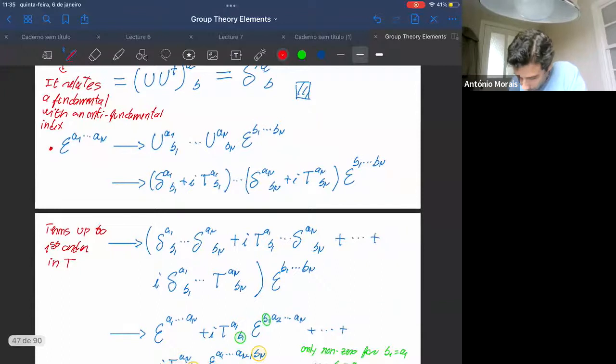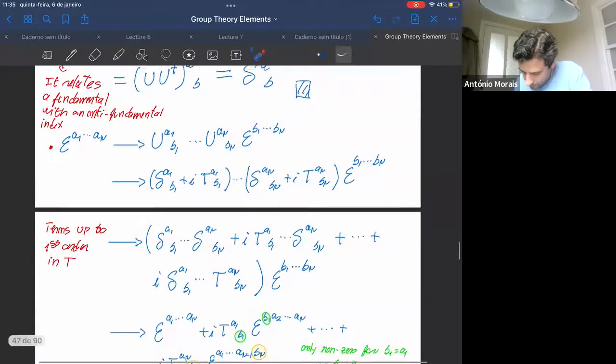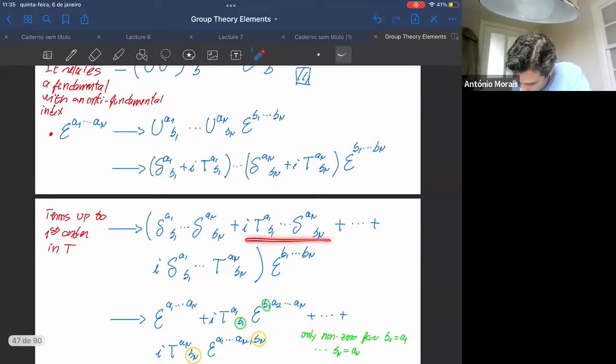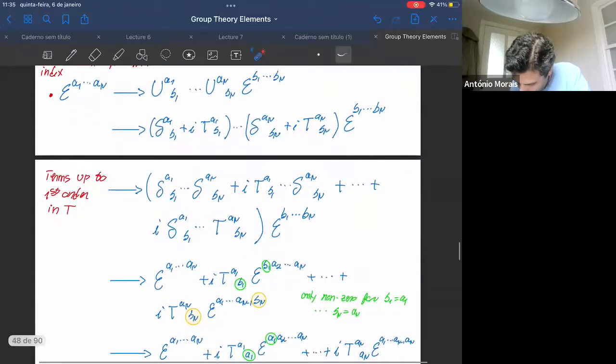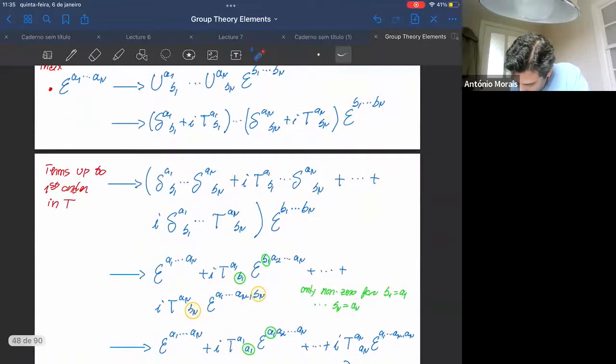Right, so with this in mind, we have these terms up to first order in t, and we get this expansion. This is first order in t, so only one t here, and the indices should all be carefully written. And now you start contracting this epsilon with the corresponding things.